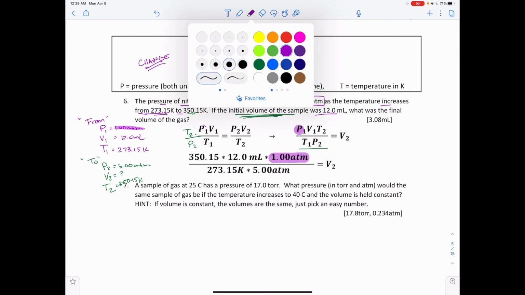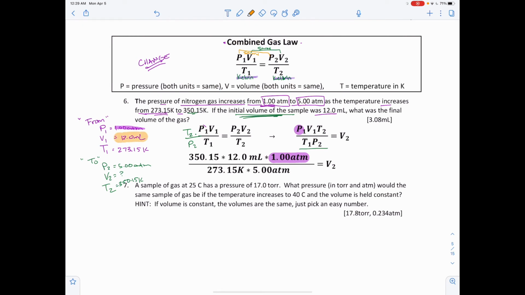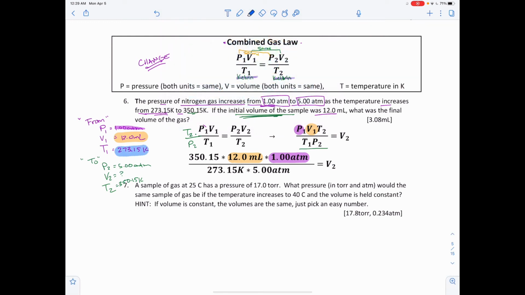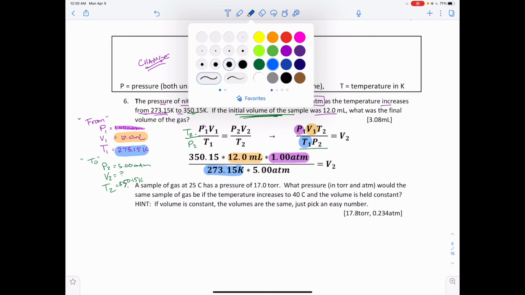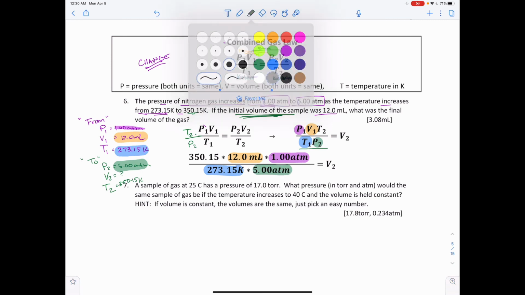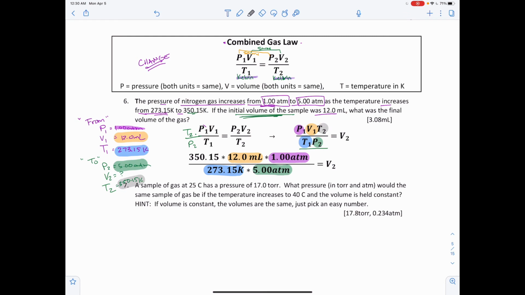And then we've got our V1. Then we have our T1. Sorry, look where T1 is. It's down here. And then we have our 5 ATMs. That's our P2. And then we have our 350.15 for T2 up there.